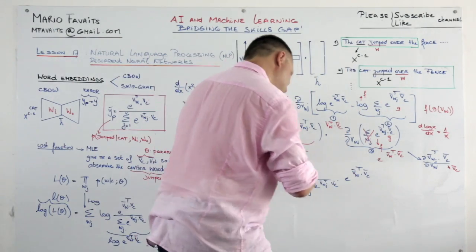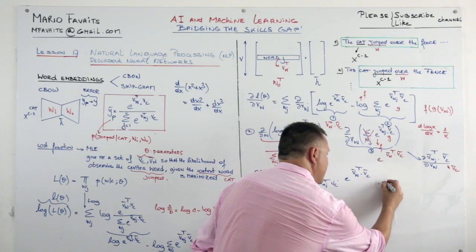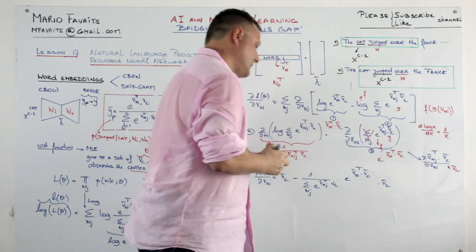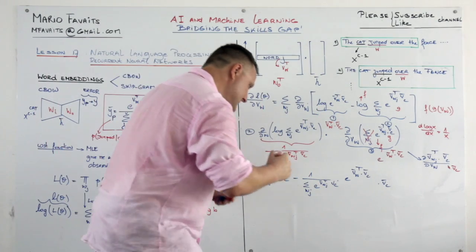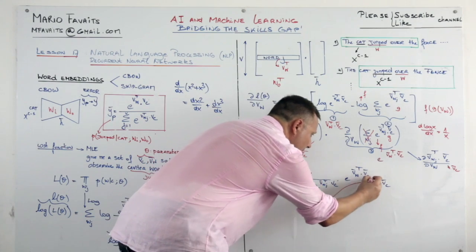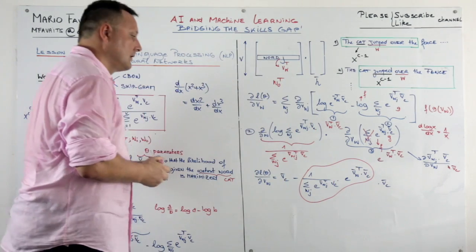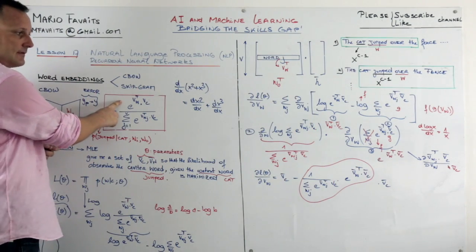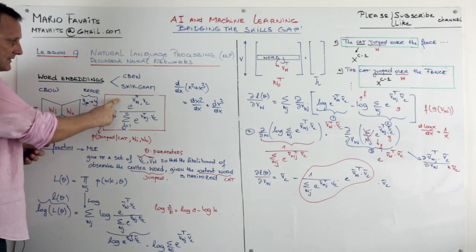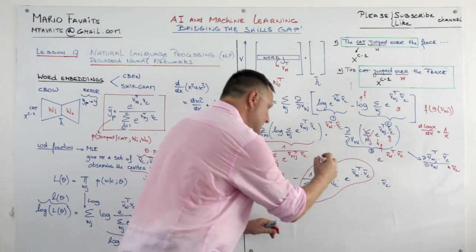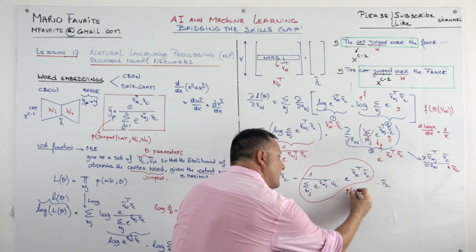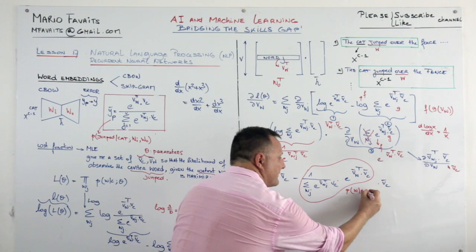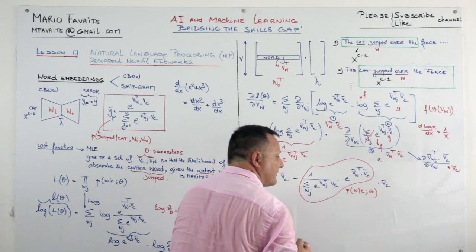So we have times vc. Now this here is that one, so this is the probability of a center word given the context and given the parameters theta.